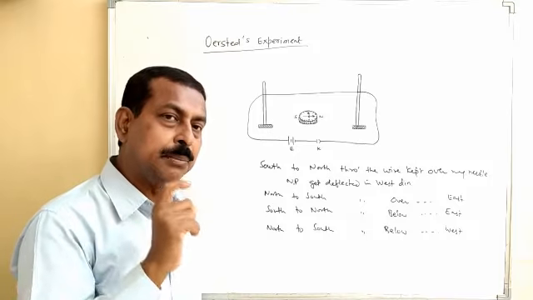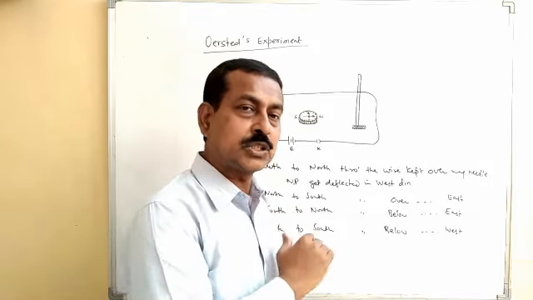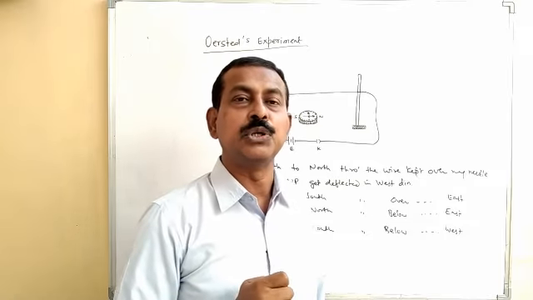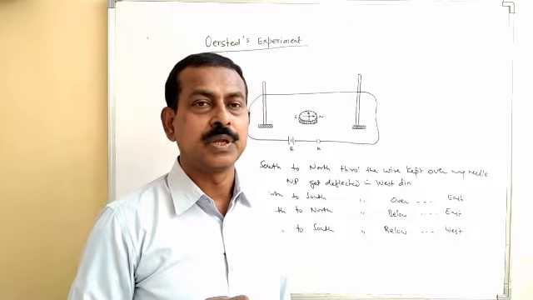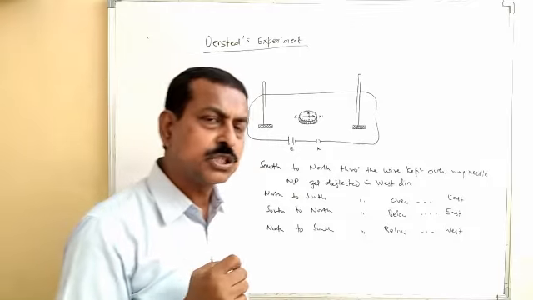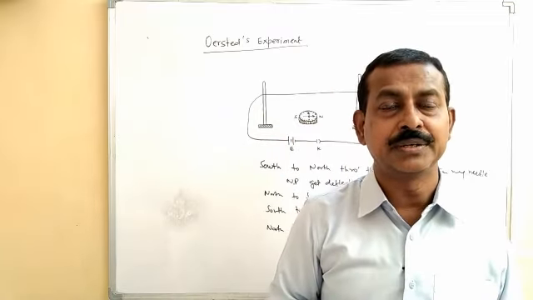So obviously it is depending on electric current. So from his experiment, Oersted concluded that electric current produces magnetic field. This is the importance of the Oersted experiment. He was the first one to indicate that electric current produces magnetic field.